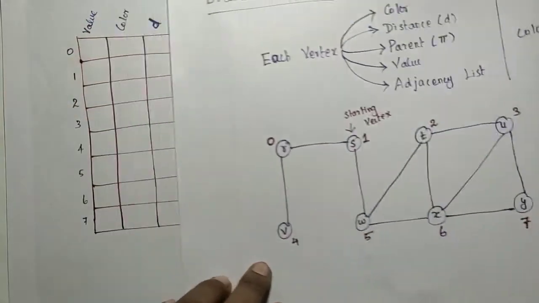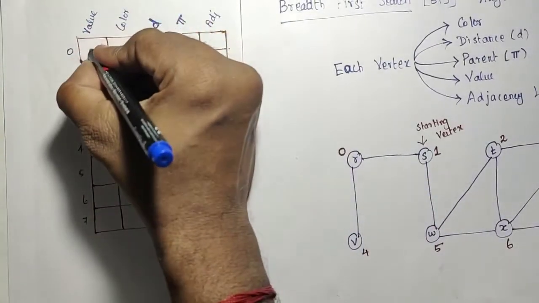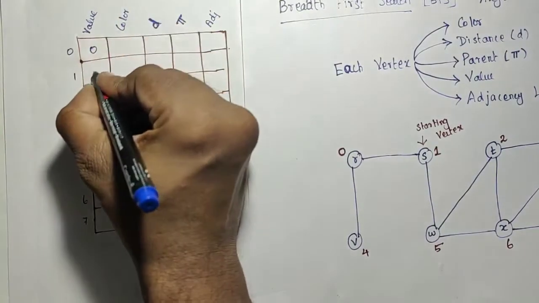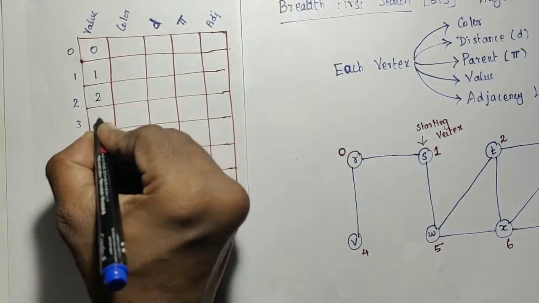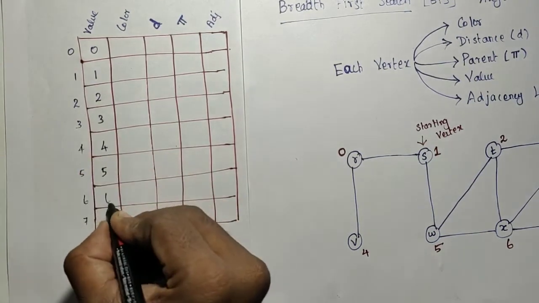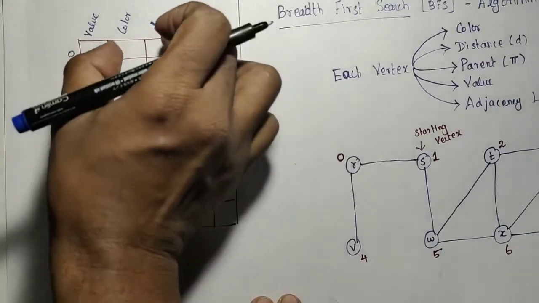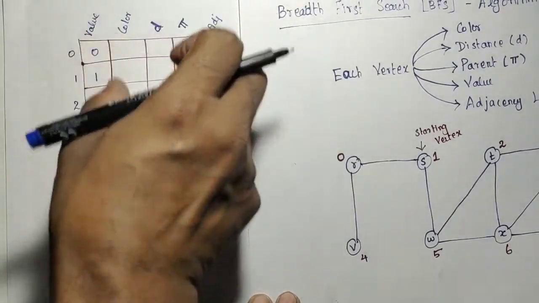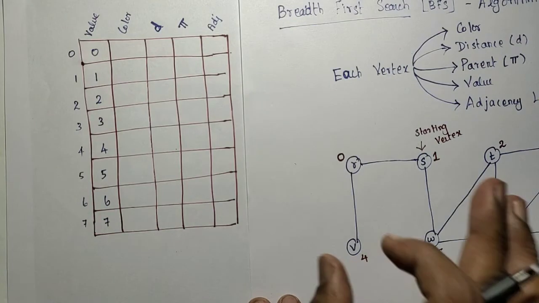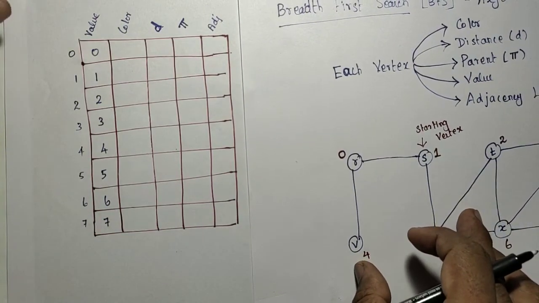Now fill them in one by one: 0, 1, 2, 3, 4, 5, 6 and 7. And leave these fields empty. They are going to be filled by the algorithm.